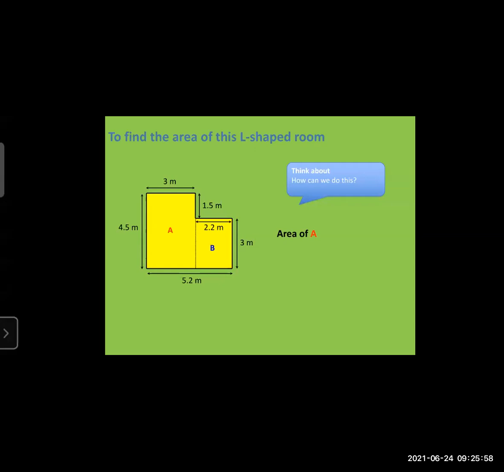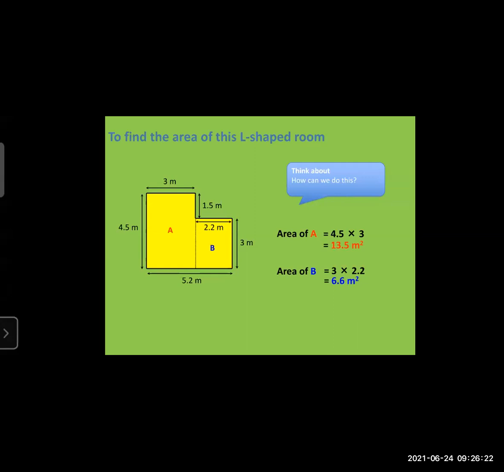So the area of the first shape, that is A, is 4.5 into 3. So you get 13.5 meter. Then we find the area of the B shape, that is equal to 2.2 into 3. Then we get 6.6 meter.